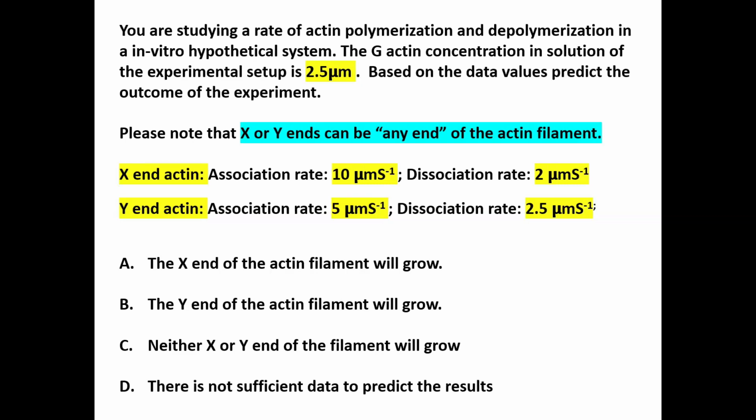So whenever you calculate that, if it's, say, 0.2 at one end and 0.5 at the other, and I give you the value of 0.3, super easy. 0.3 is more than this, so it will have addition. 0.3 is less than this, so you have a dissociation. There's no problem. But if the value, just like this, is more than both, then the end with the smaller critical concentration value will have addition compared to the other end.